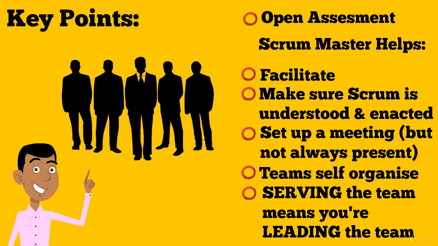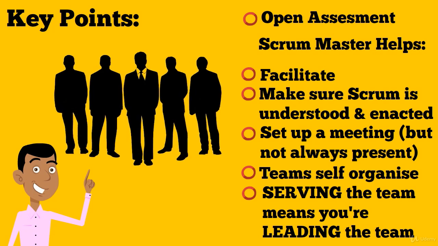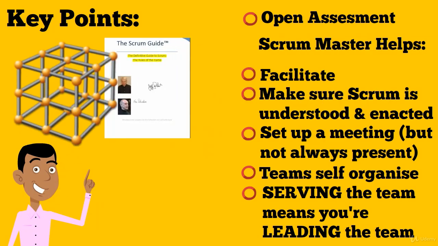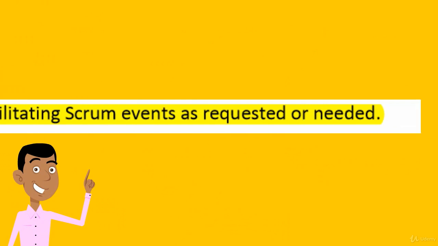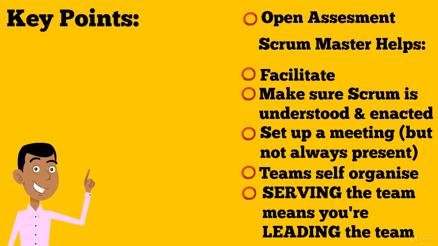The Scrum Master is leading through example, through influence, through making the whole team aware of the Scrum framework and rules. There's a strong sense of leadership there. Facilitating events as required or as needed. This is another thing that the Scrum Master does.